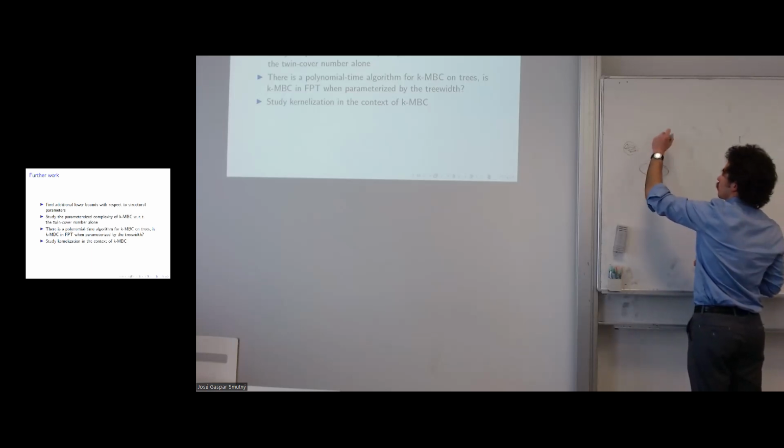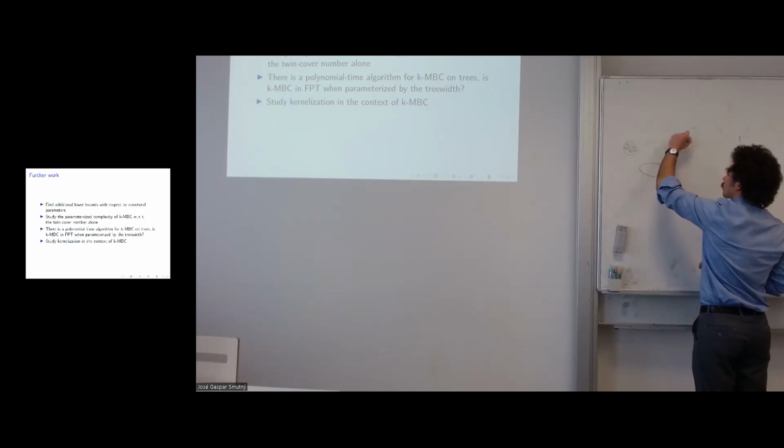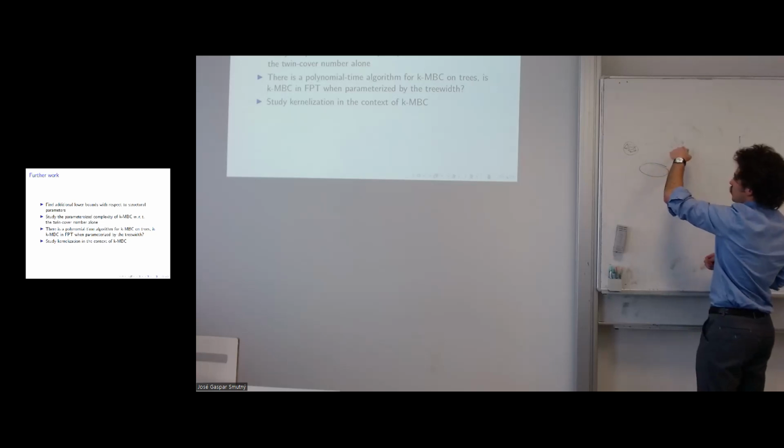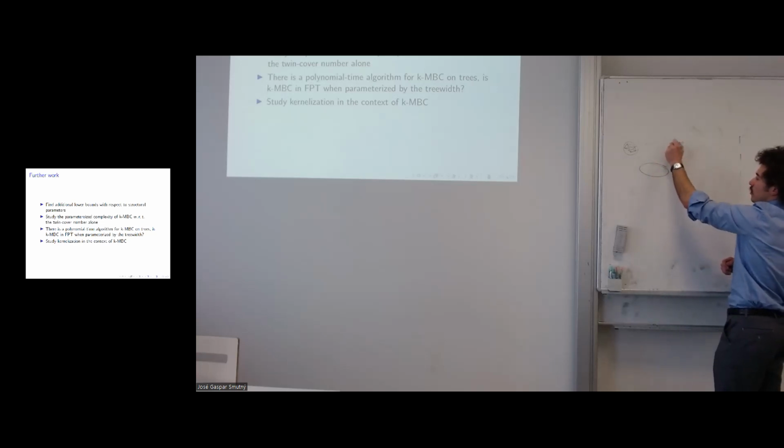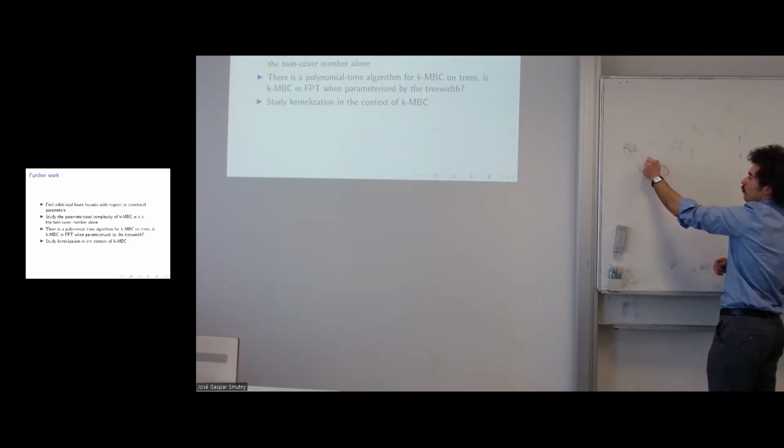So we could have a triangle, and every vertex from each clique has the same neighborhood on the modulator. So it could be something like this.